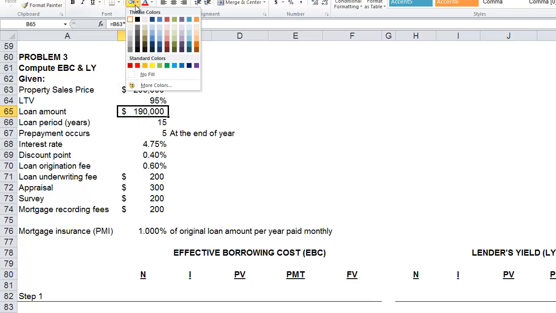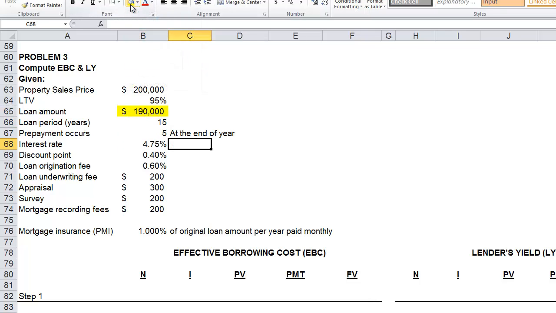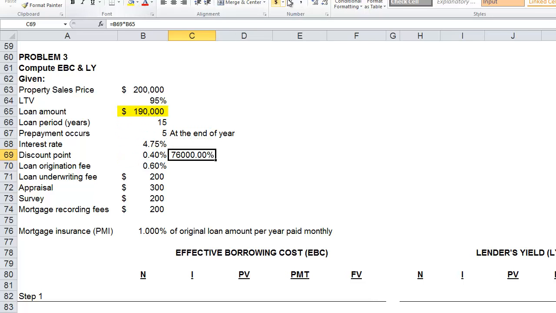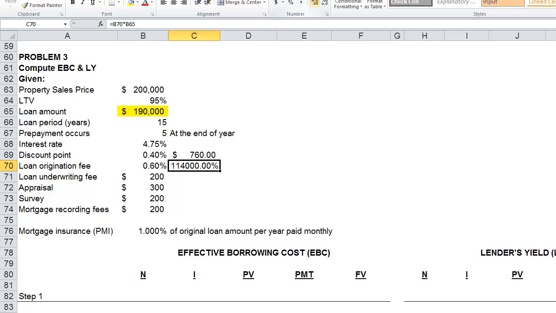So again, I'm going to color that. And then, just like last time, start computing out my fees. My discount point is a percentage of the loan amount. My origination fee is a percentage of the loan amount. And then the underwriting fee, that's just stated. Appraisal, survey, mortgage recording fees.